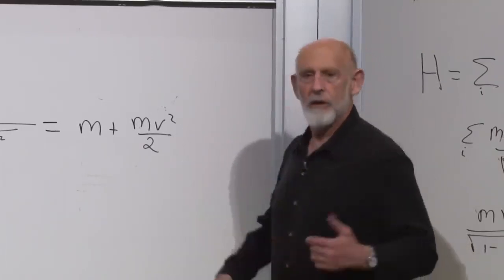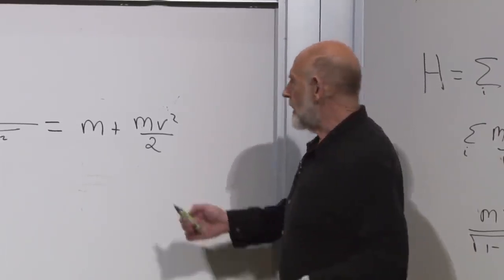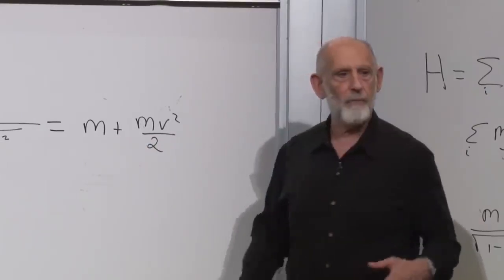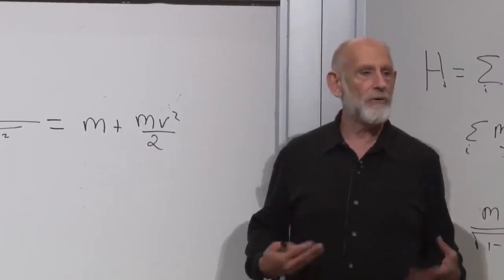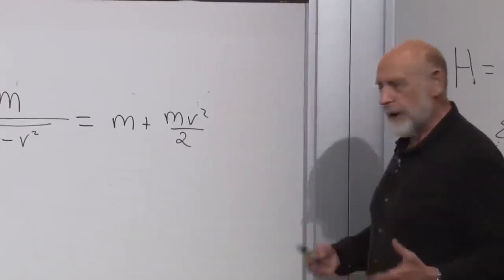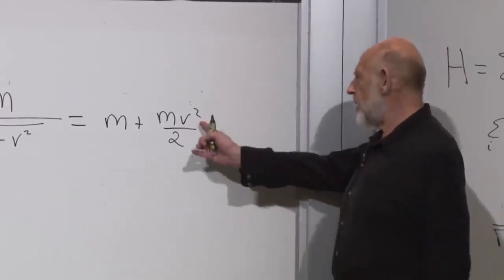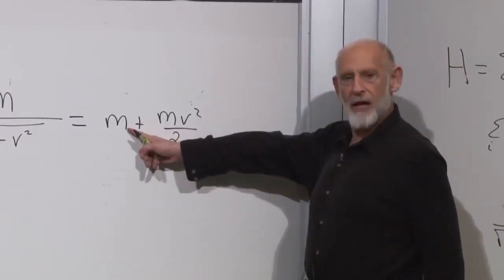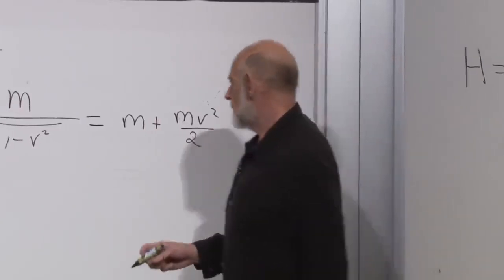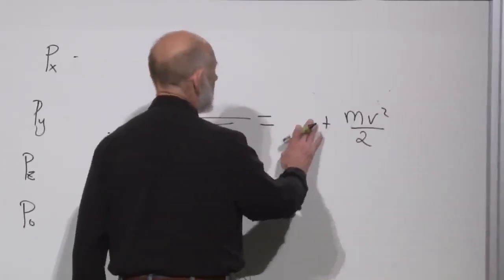It's just good old kinetic energy. In order to give the other term units of energy, we have to multiply it by some power of the speed of light. What power? Well, we already know this thing is missing two powers of a velocity compared to this one. So what's it going to be? It's going to be m c squared.